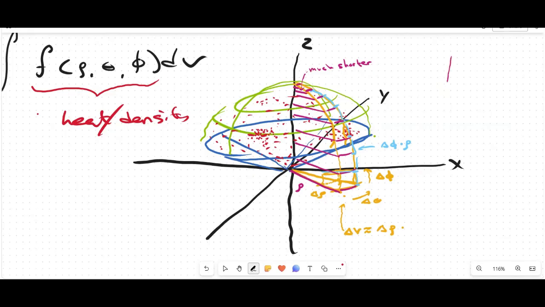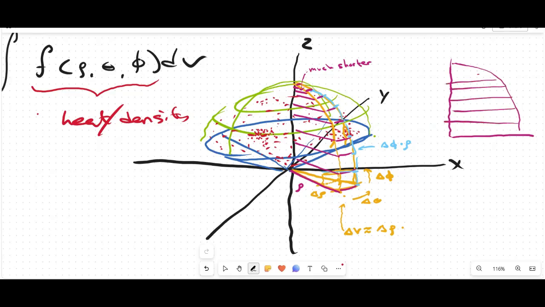I'm going to draw it over here. Here are all those magenta lengths. If you pick one of them, there is a distance to the origin right here, and we call that length rho.